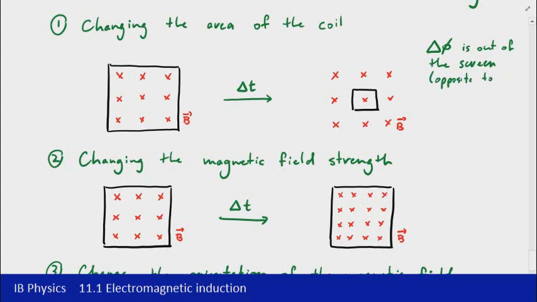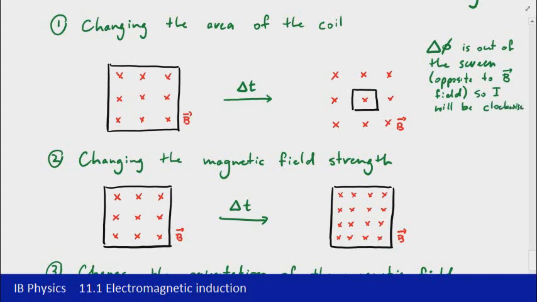So we first need to identify what the initial flux was and what the final flux is, and notice in this case that delta phi is actually opposite the direction of the B field. So the direction of the magnetic field doesn't guarantee that you'll be able to figure out the direction of flux as being in the same direction. It's an important point to note there. And because that change in flux is out of the screen, the current will have to be clockwise.